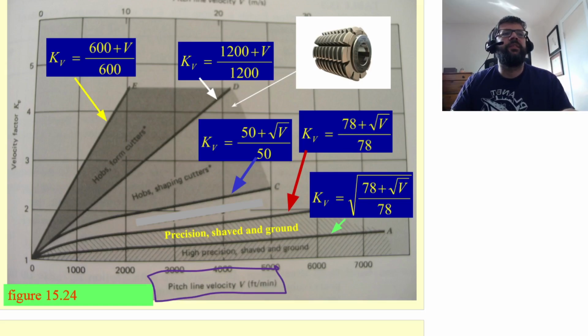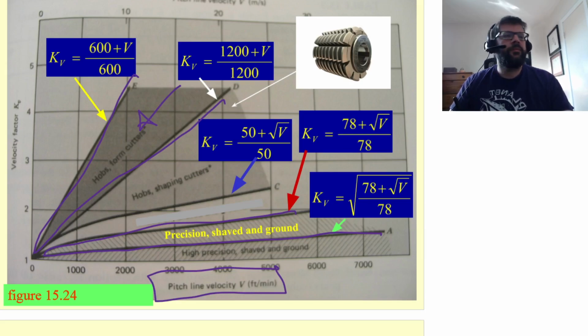And then it's also a function of how precisely made the gears are. So if we're using a form cutting hob, we're using this line here; shaping cutters here; precision shaved and ground here; high precision shaved and ground here.